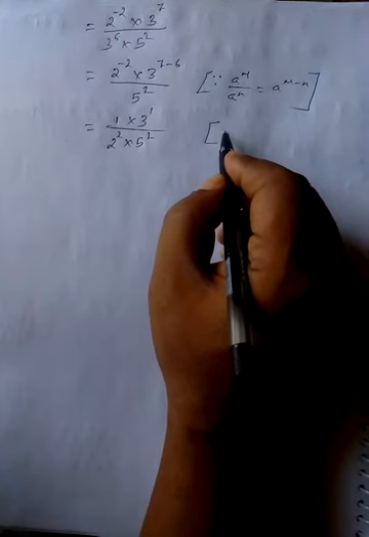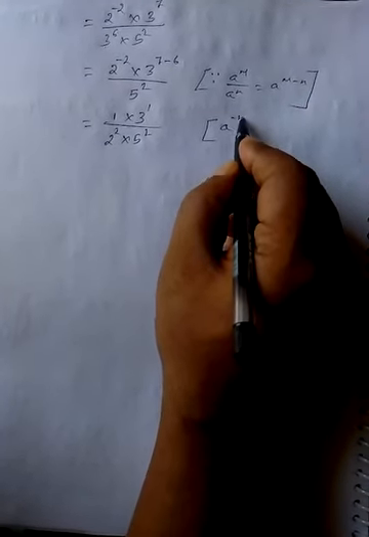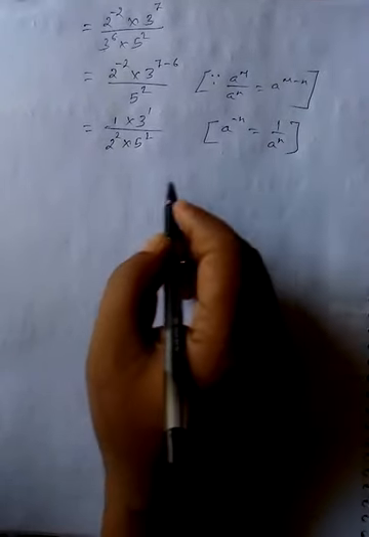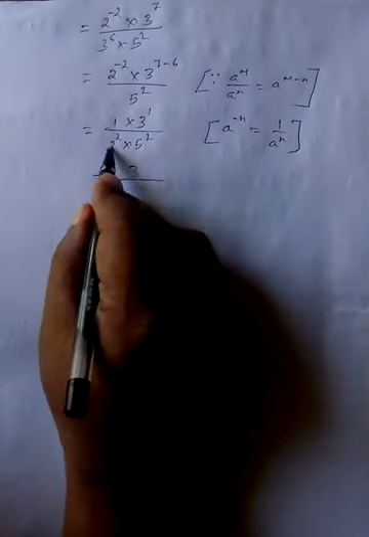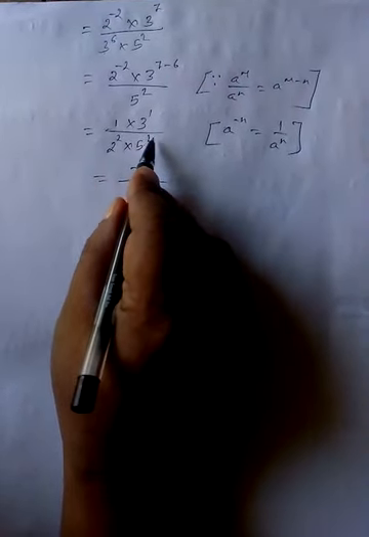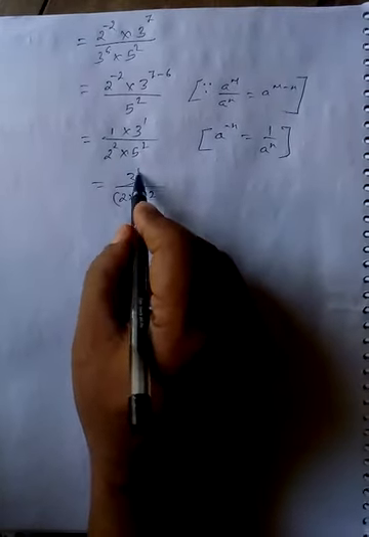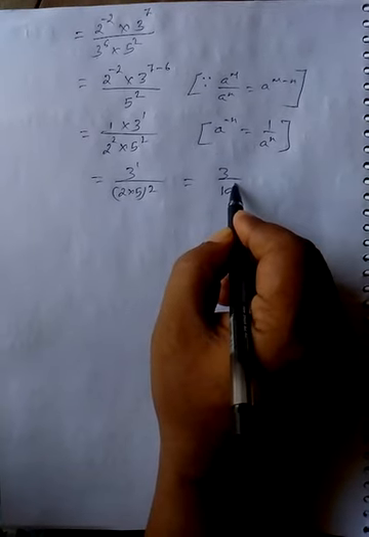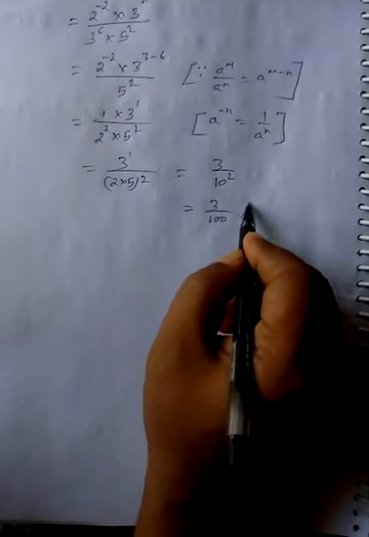Here the property we have used is a raised to power minus n is equal to 1 upon a raised to power n. 3 upon, when the exponents are same, we can take common. So the answer is 3 upon 10 raised to power 2, and that is 3 upon 100 is the answer.